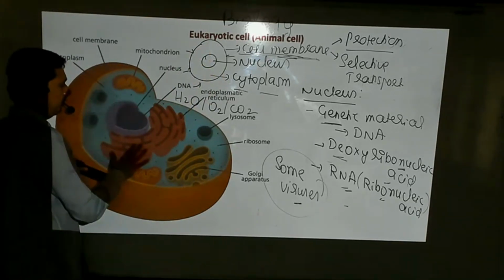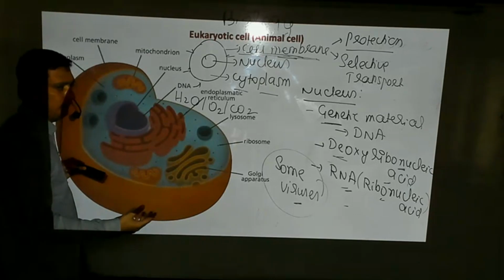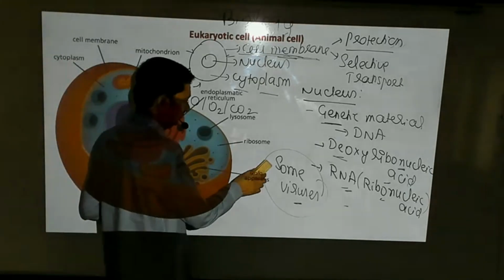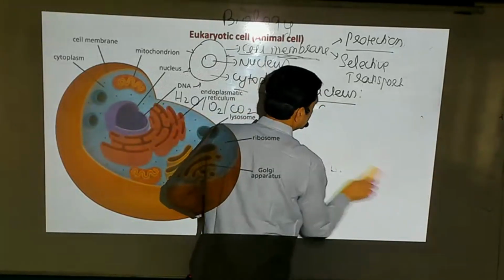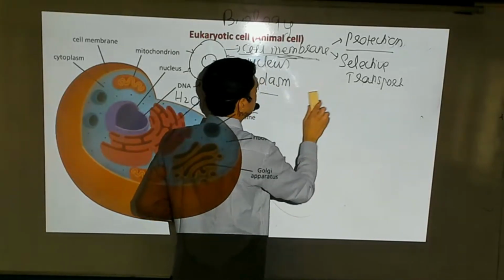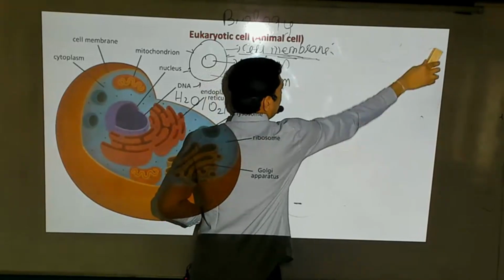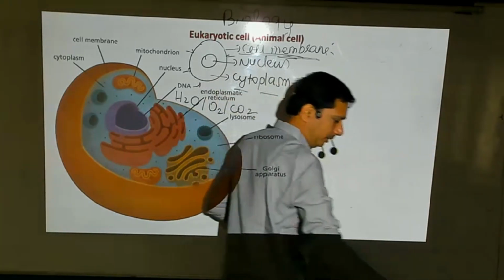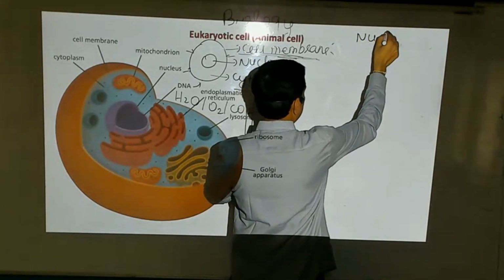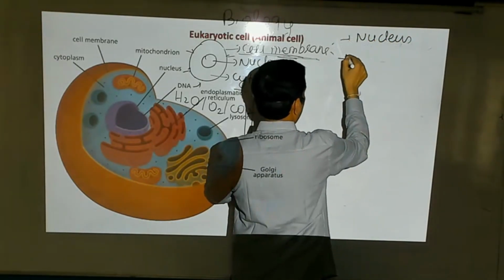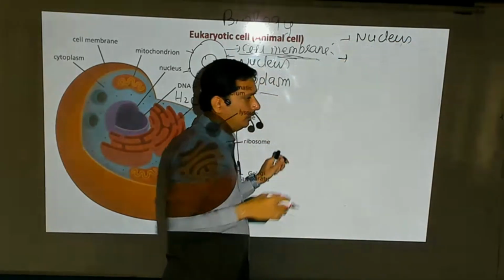Now we are going to visit the other organelles and their function. Okay, first we talked about cell membrane. Then we talked about nucleus. Now we are going to talk about the other organelles.